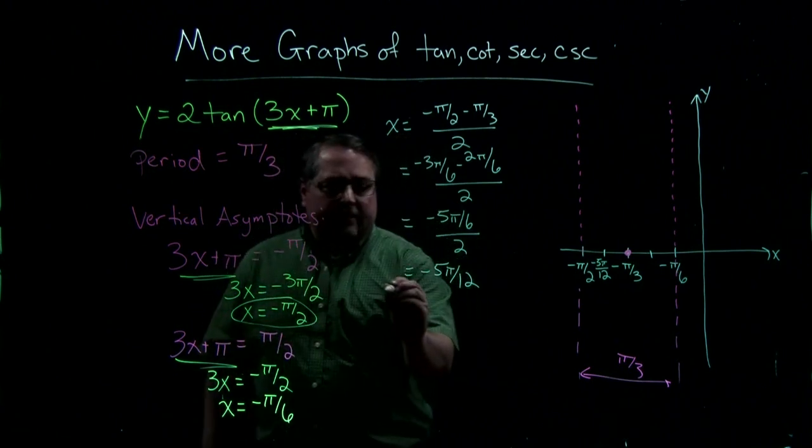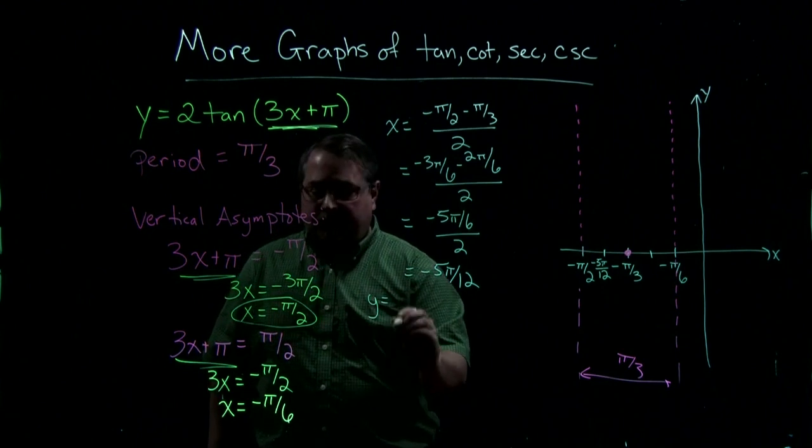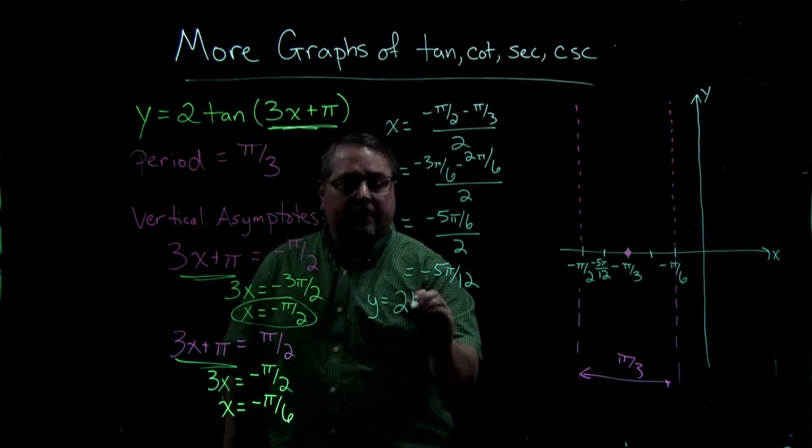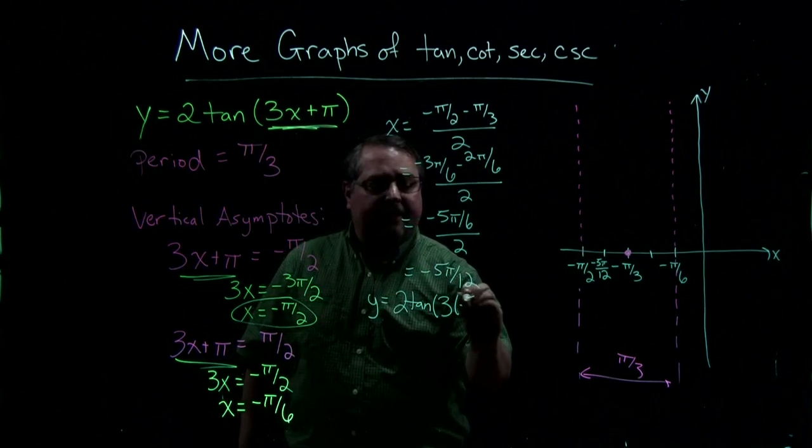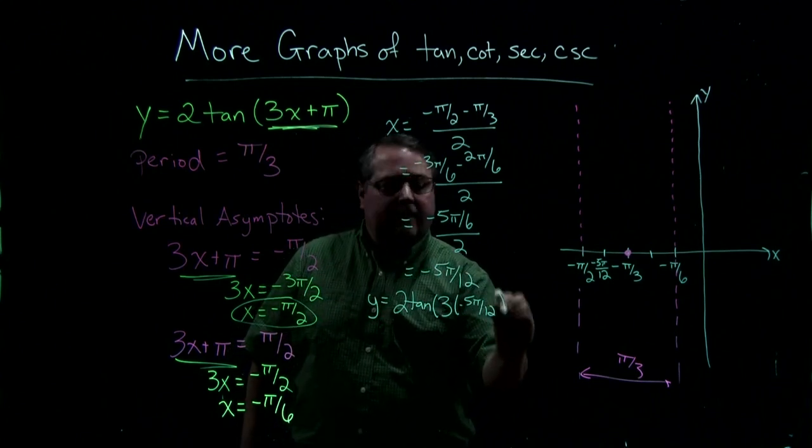And then the y-coordinate is going to be equal to 2 times the tangent of 3 times negative 5 pi over 12 plus pi.